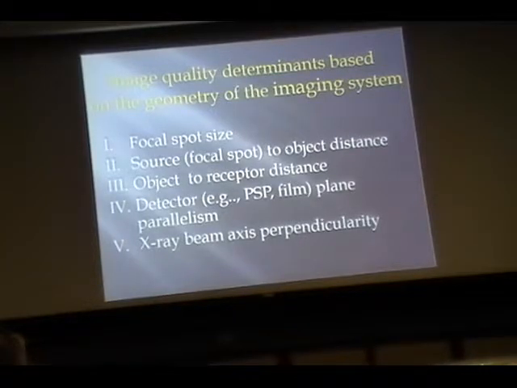So what are the few things that we do to get that? One, we talked about the focal spot, source to object distance and object to receptor distance. And we also talked about parallel things.